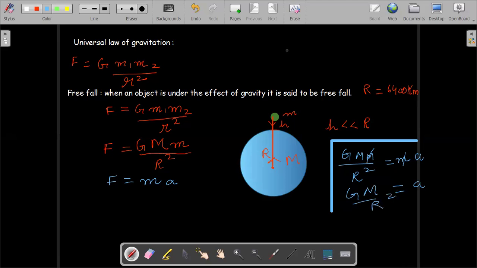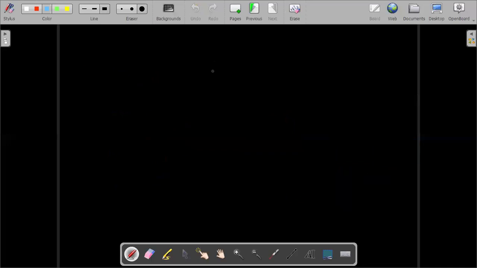I'm rewriting here. The gravitational force between the two masses is equal to GMm over r squared, equating it to mass times acceleration, which we observe as an acceleration in the mass m. So the mass m cancels from both sides.